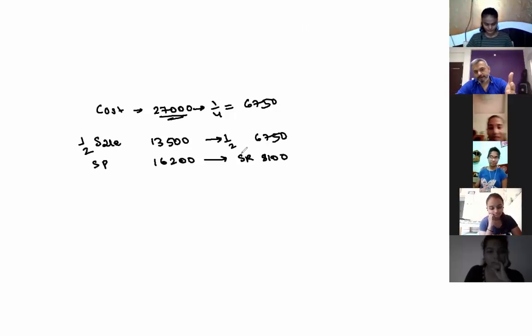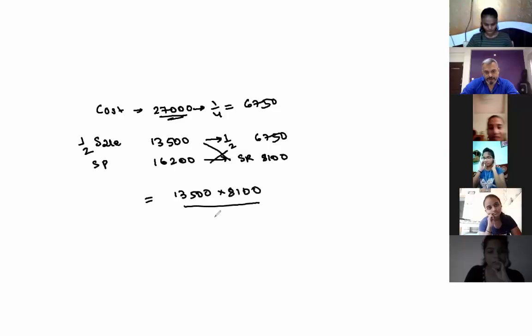So you can directly do 1/4, or you can also do it proportionately: 8,100 of 16,200, so against 13,500 how much, cross multiply. So it will be 13,500 into 8,100 divided by 16,200. Check it out. 6,750.